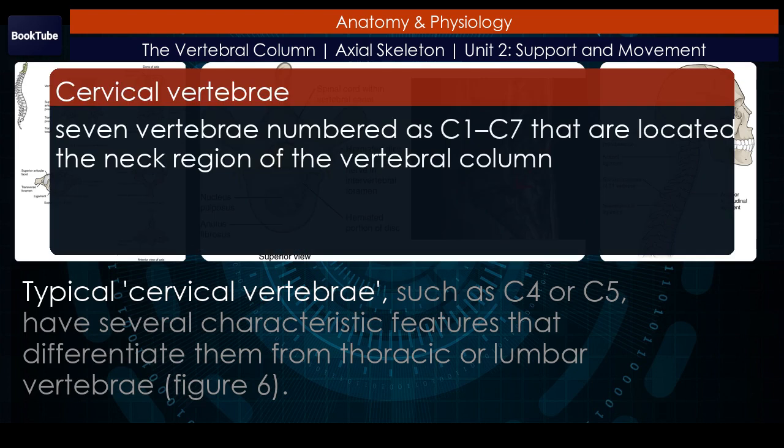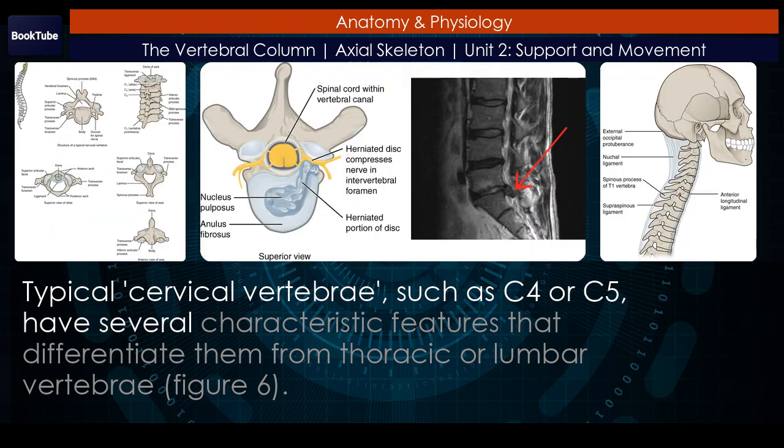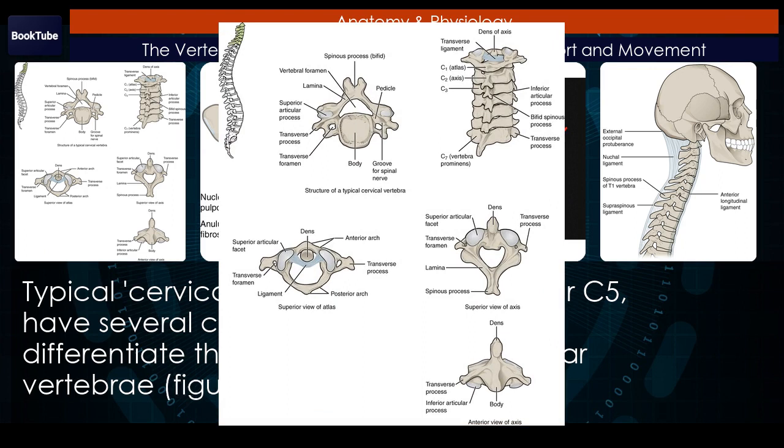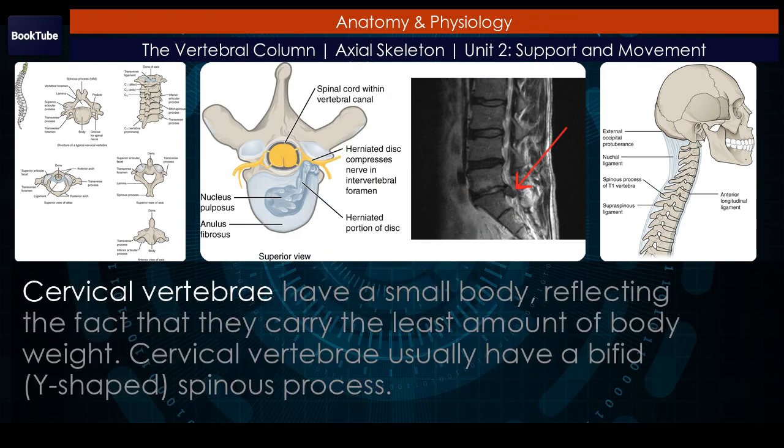Typical cervical vertebrae, such as C4 or C5, have several characteristic features that differentiate them from thoracic or lumbar vertebrae. Figure 6. Cervical vertebrae have a small body, reflecting the fact that they carry the least amount of body weight.